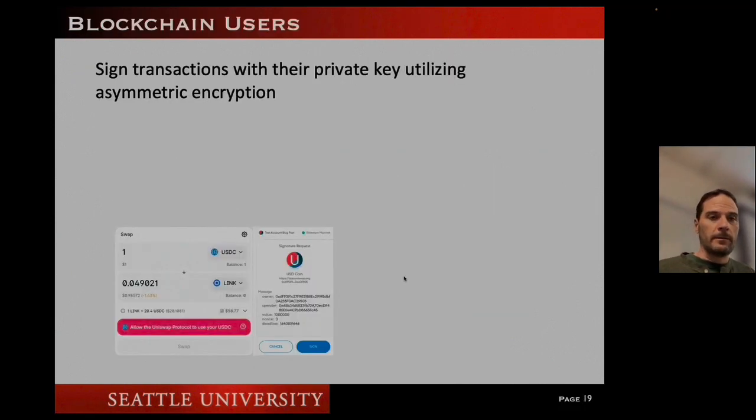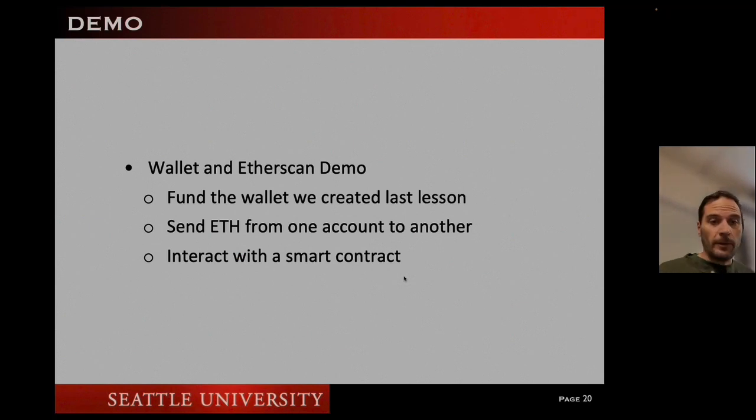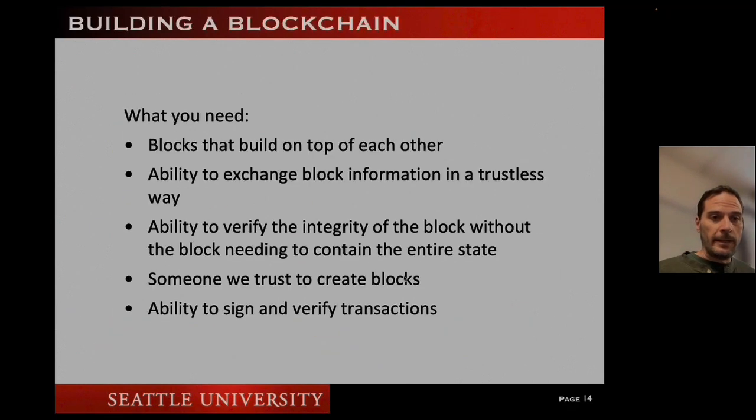All right. So if we go back to the slide here, we have blocks that build on top of each other using hashing. We have the ability to exchange block information in a trustless way through this peer-to-peer network that, of course, is encrypted and uses signatures.